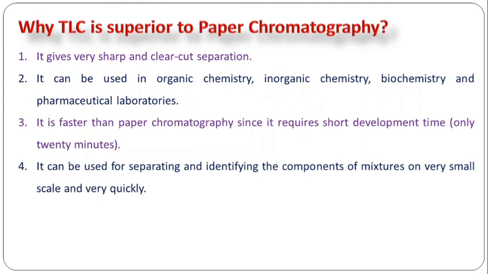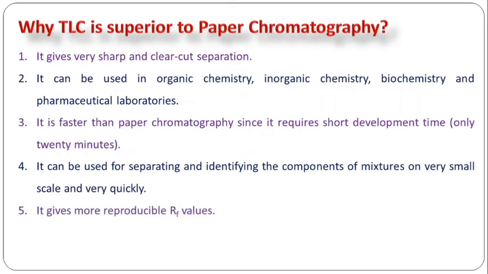It can be used for the separation and identification of the components of a mixture on a very small scale, very quickly. As we have seen earlier, the sample requirement is very small, in microgram quantities. So we can use it to separate these components, and even for the identification of mixtures of components.